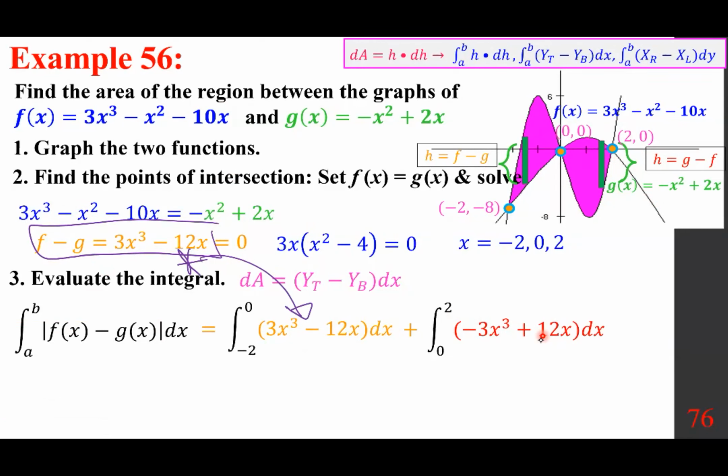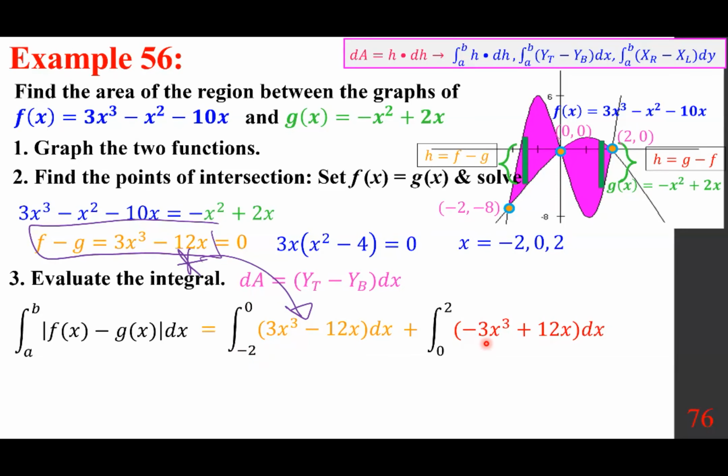Okay. So with that being the case, let's do the math. This one is 3 over 4 x to the power of 4 minus 6x squared from -2 to 0.